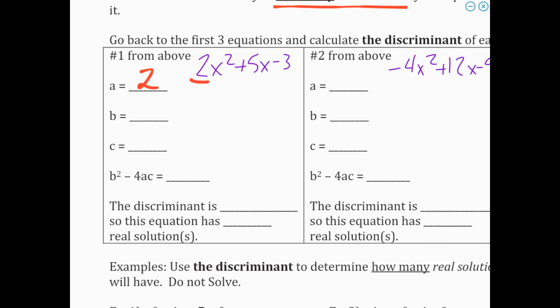So a is always paired with the x squared. Remember, it's ax squared plus bx plus c. So a, b, and c are just the numbers, and they have to be paired with the x squared, or with the x, or with nothing. So the 2 is paired with the x squared, so that means it's my a. The b is going to be what? 5. And my c? Negative 3.